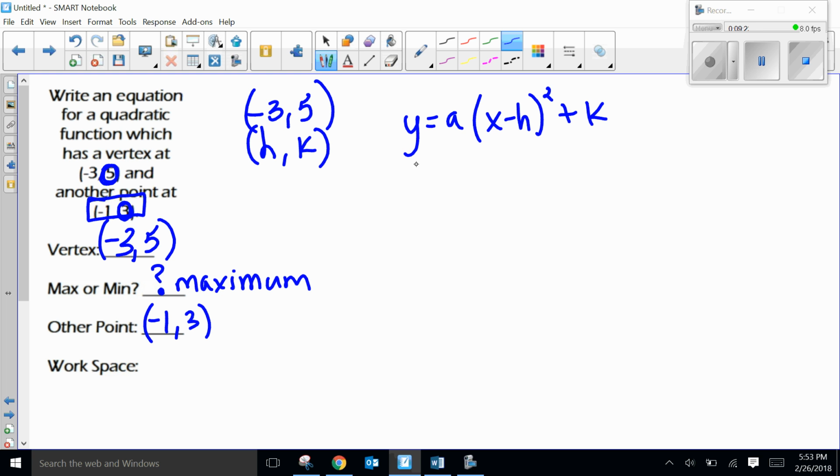Plugging in my extra point, 3 equals a times negative 1 minus my vertex, so minus negative 3, that would turn into plus 3, squared, plus 5.